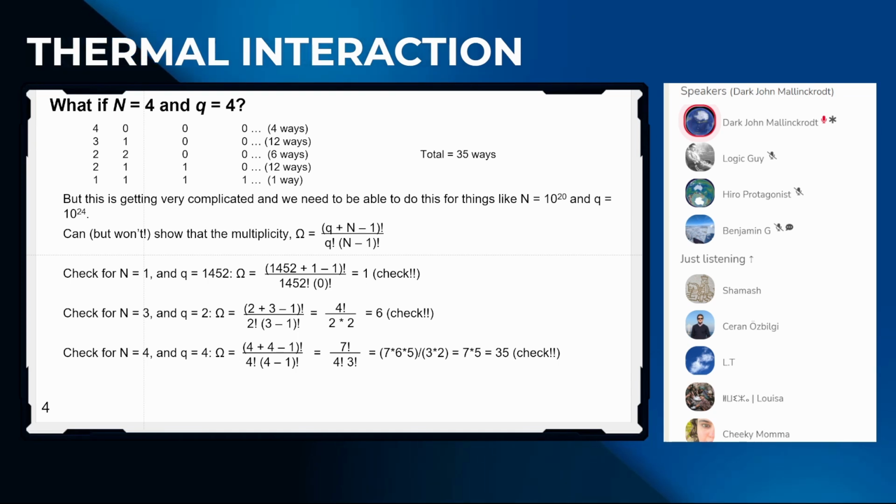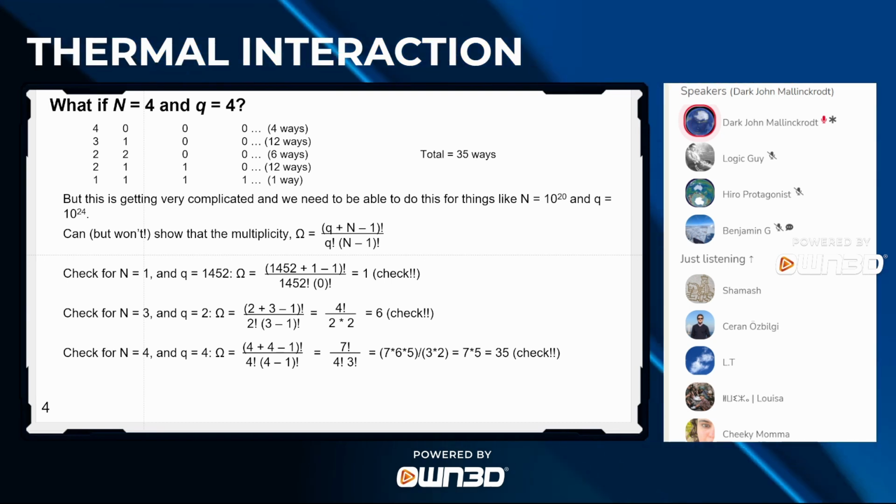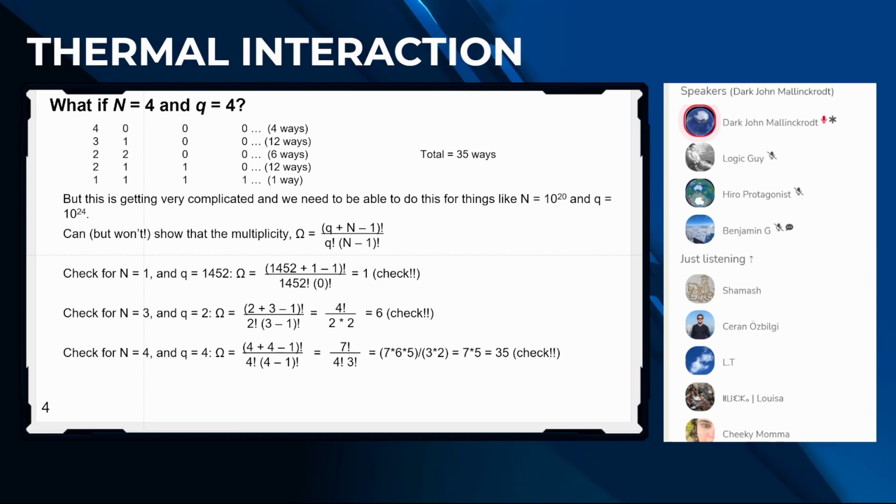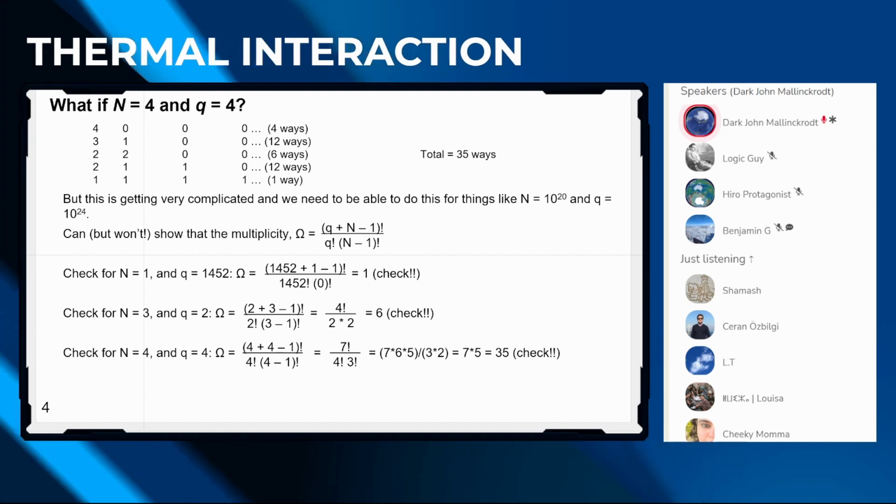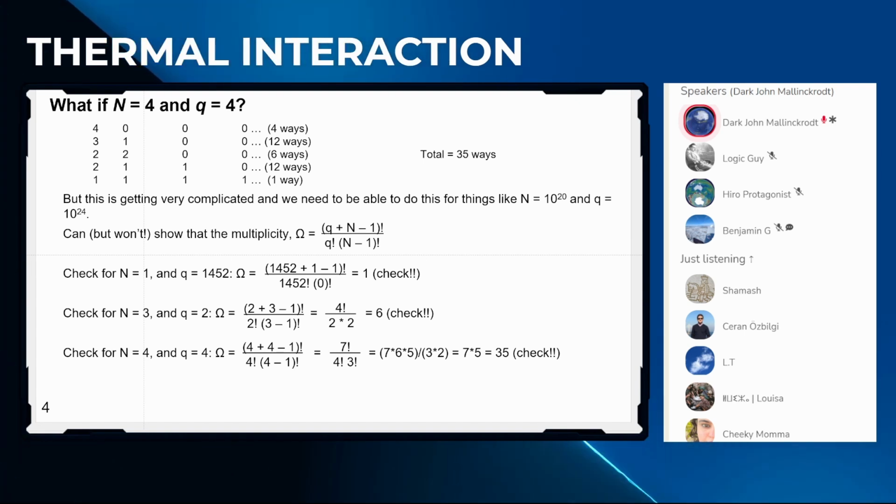I forgot the 1, but you'll excuse me there. I get 35. So that's what I got above by enumerating them. It gives me some confidence that I may have a formula that works. It doesn't prove that the formula works, but I can prove that without too much difficulty, but I'm not going to.